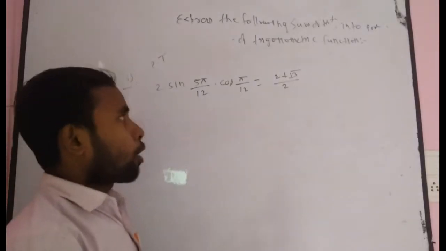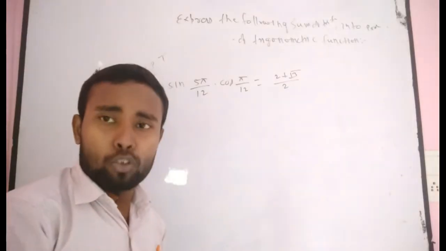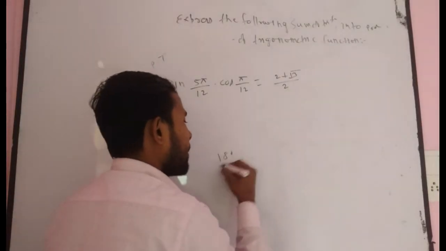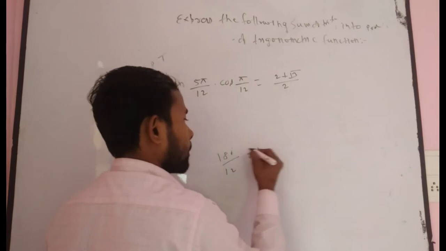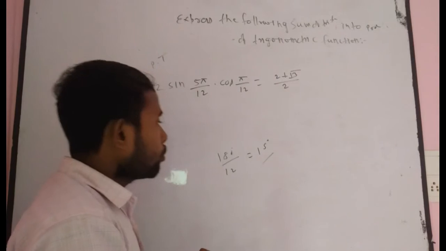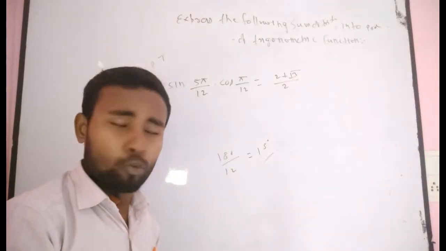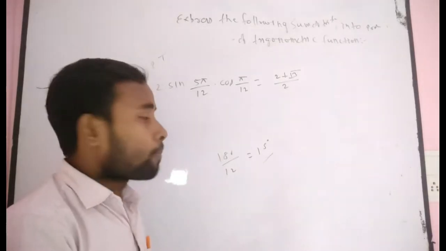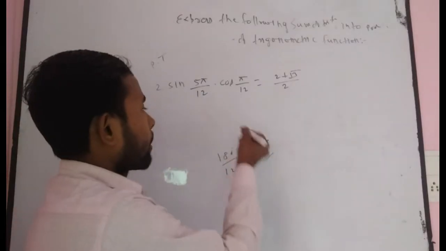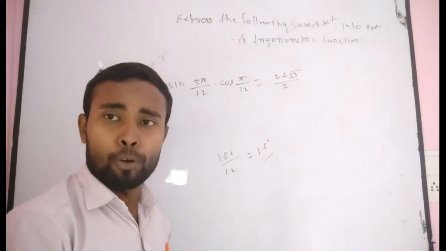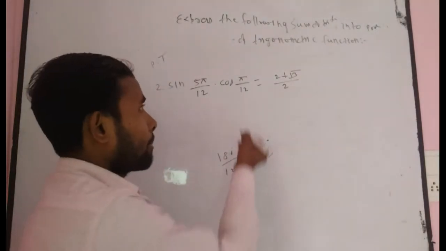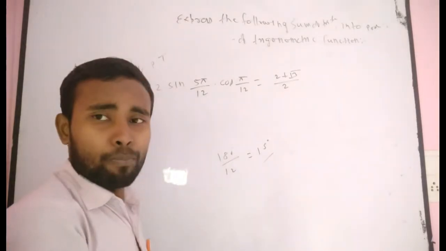How can you solve this problem? As you know, pi by 12 means what? That means 180 degrees divided by 12, that will be 15 degrees. Do you know the value of cos 15 degrees? Until now, you do not remember it.